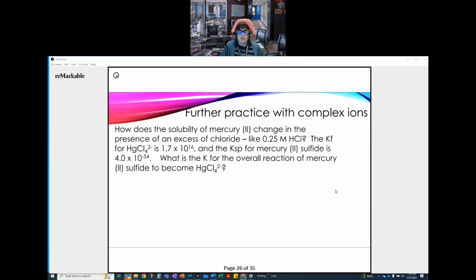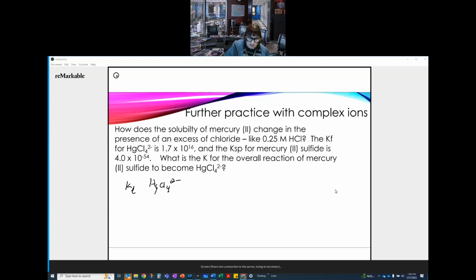So, does the solubility of mercury(II) change in the presence of an excess of chloride? Well, I can see they've told me that I have a Kf for this HgCl4 2 minus, and that implies that there is a solubility that comes from having enough chloride around to get HgCl4 2 minus.